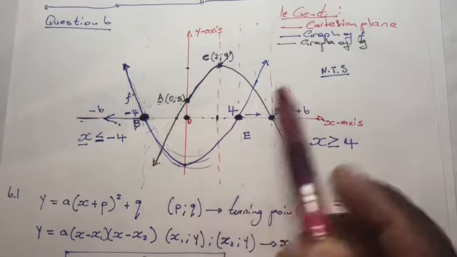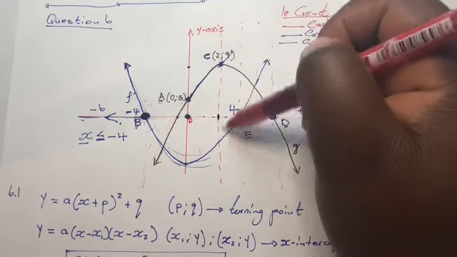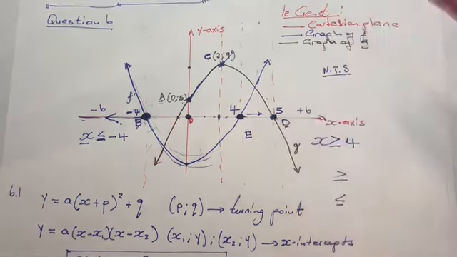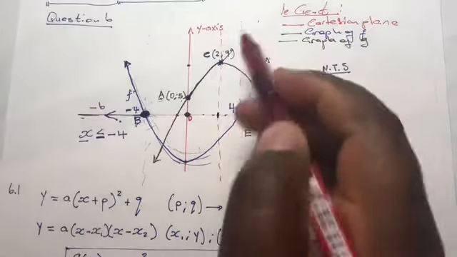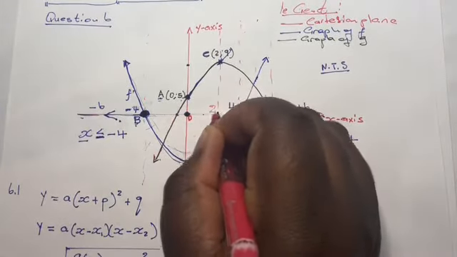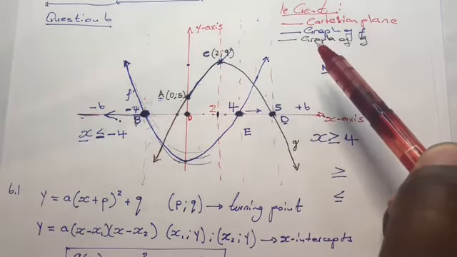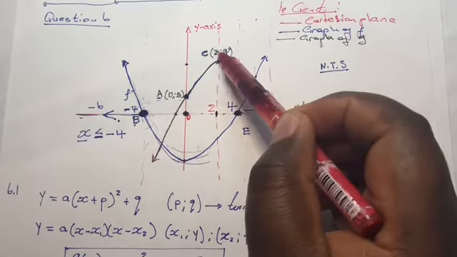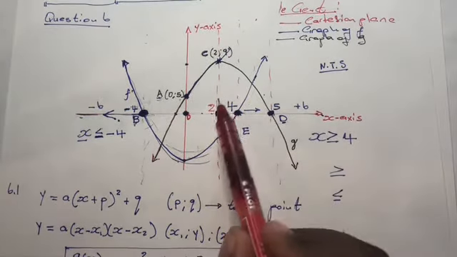Remember, guys, I think it's called the axis of symmetry. That's where we split the graph of g into half. So that point is 2. Remember, we're given those coordinates where at the turning point x is 2 and y is 9. So let's have a look.